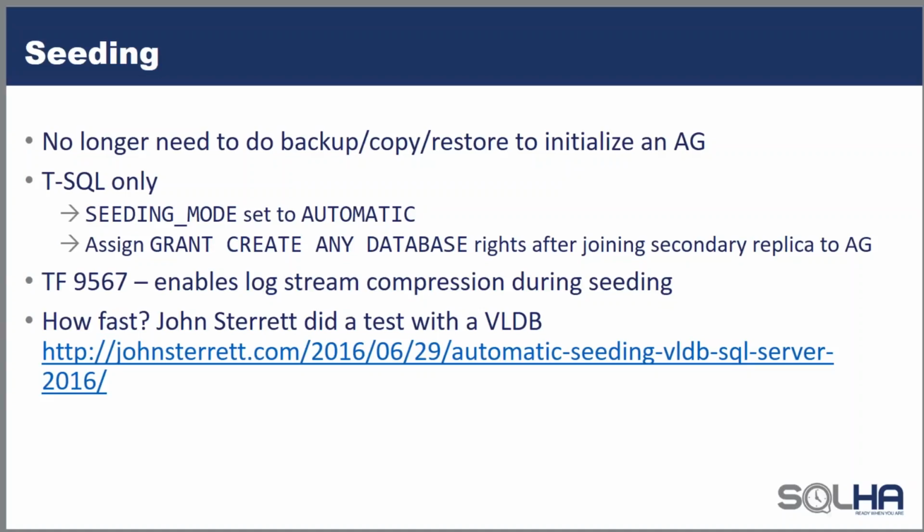Now, like what I mentioned earlier with DTC, this is T-SQL only, so you can't use the PowerShell cmdlet, nor can you use the GUI. So if you're kind of getting the hint, for me in SQL Server 2016, if I was creating availability groups, I'd basically only be using T-SQL because of these options. There's one or two more that are not part of this talk because they're not necessarily setup related.